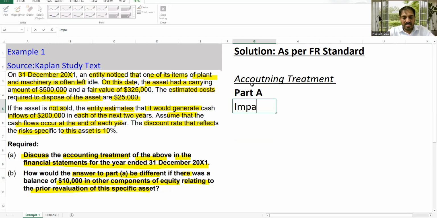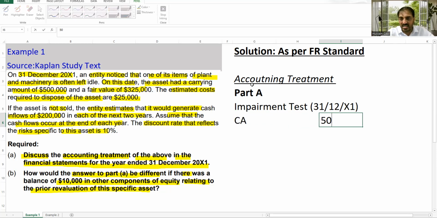What will you say? You will say, sir, here the impairment test will apply, and the impairment test happens at 31st December X1. The carrying amount of the asset, which equals 500,000, we will compare with the recoverable amount.